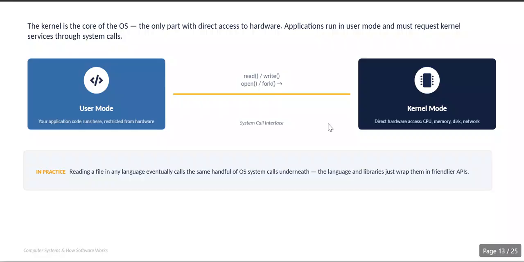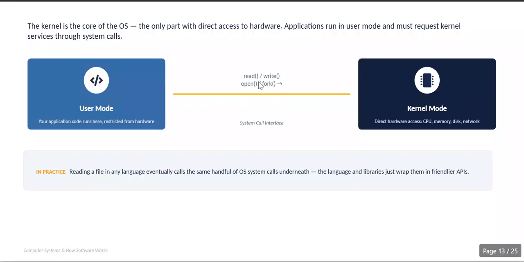So the user mode, your application code runs right here in the user mode. It is restricted from the hardware. Now, what happens? The user mode, where your application code runs, sends a system call, something like read, write, open, fork.